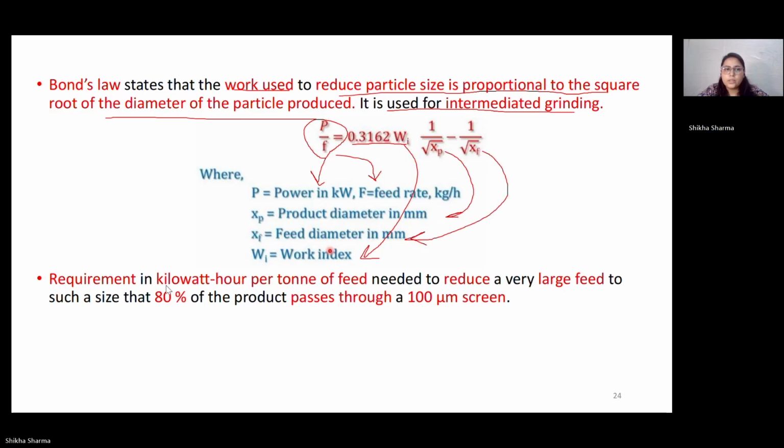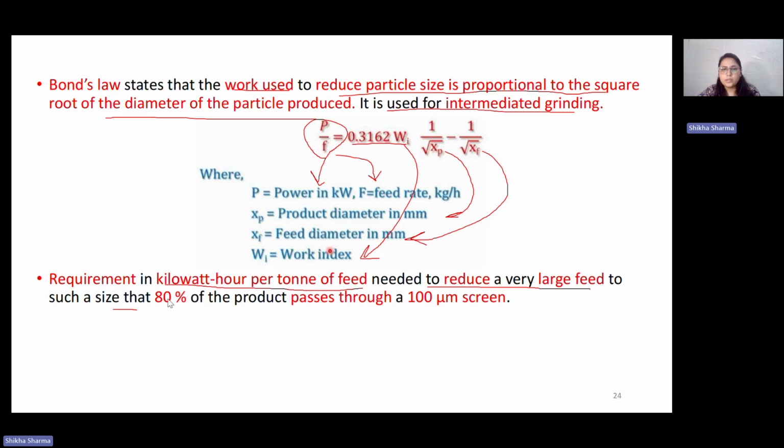The requirement is in kilowatt hour per ton of the feed needed to reduce a very large feed. This law is basically used for intermediate grinding.